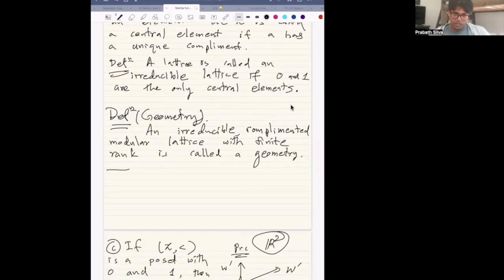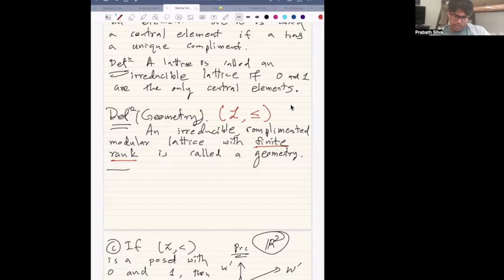Finite rank means, let me use the less than or equal to, finite rank is the same thing as finite dimension, the lattice version of finite dimension.